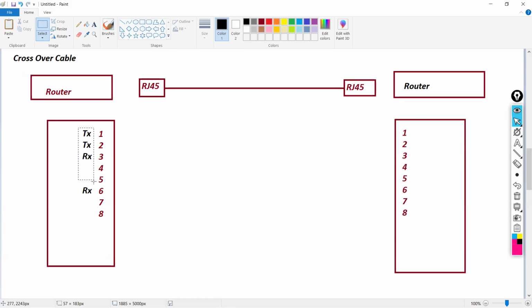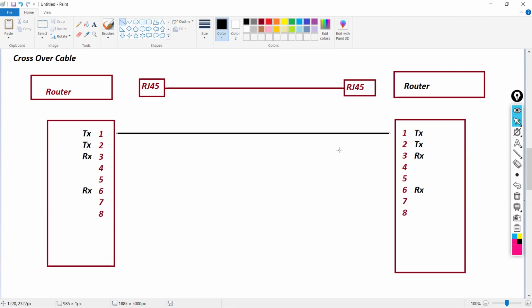Now if both are the same devices, that means the pin arrangement will also be the same. This will be the pin arrangement. Now, if I use a straight through cable, why will these devices not communicate? Because a straight through cable will connect pin number 1 to pin number 1. So if a router transmits some information, that will end up on the transmitting pins of the other router, and the router will not receive this information.